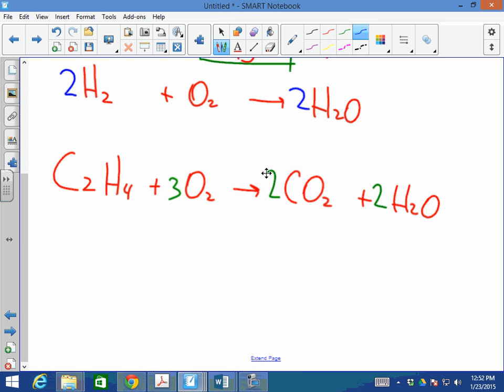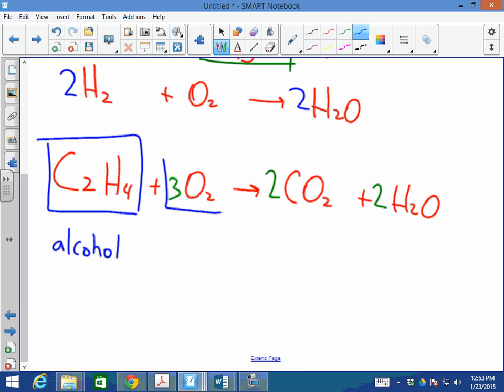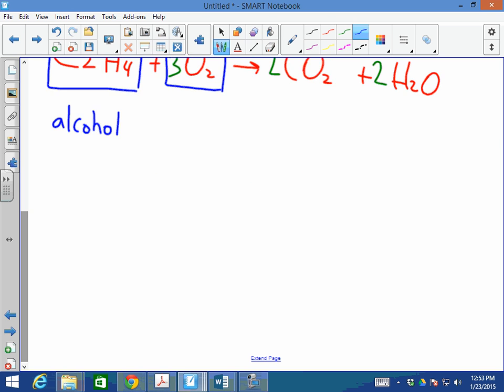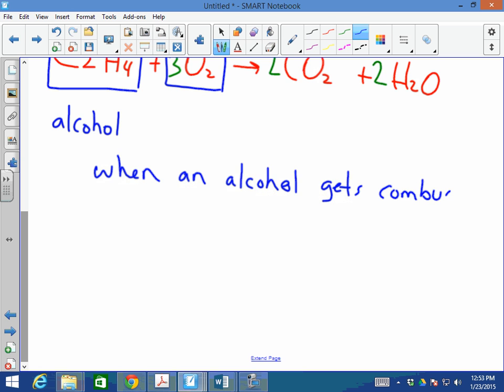Important about this equation, this is alcohol. Combination of C and H, alcohol, and this of course is oxygen. So we have the rule that when an alcohol gets combusted, CO2 and H2O are given off.